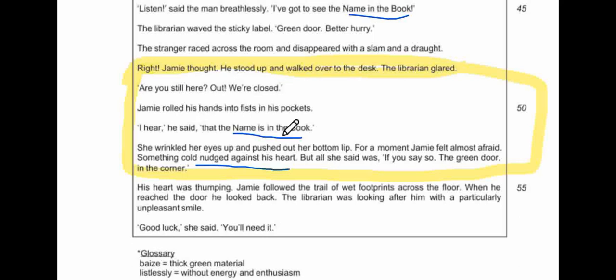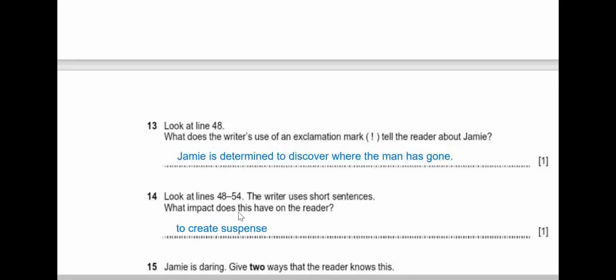I hear that the name is in the book. So the green door is in the corner. So these all are short sentences. So the short sentences are used to create suspense. Let's type down. 14 is to create suspense.